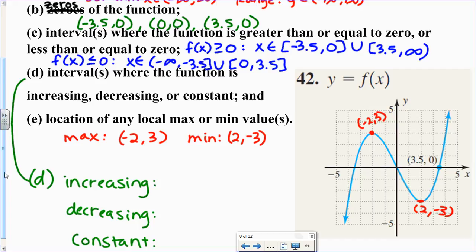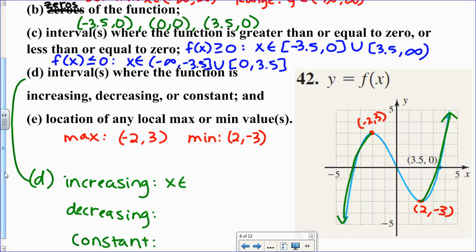Okay. So now I want to do increasing, decreasing, constant. So now I'm looking for the places on the graph, if it's increasing, where it's going up from left to right. So I know there's an arrow pointing down, but if I'm reading this left to right, it is going up. And then it looks like I go down, and then I go up here as well.